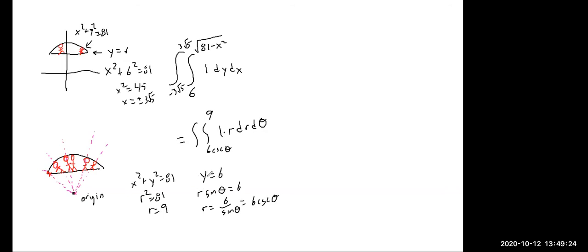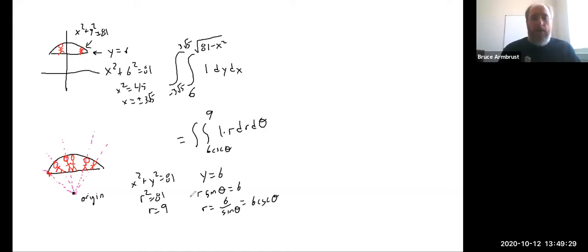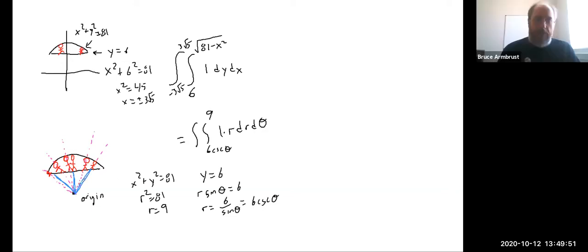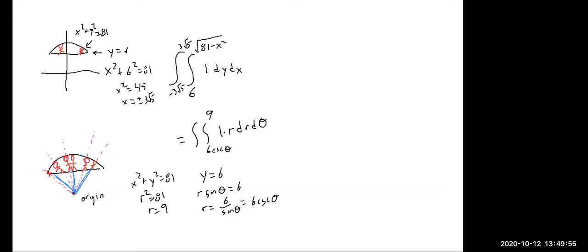So that's why this one doesn't have a specific number. In fact, that r, the 6 over sine theta r, on our picture, that would be the distance to the line from the origin. Right. So like the length of this is going to equal 6 cosecant theta, whatever theta happens to be.